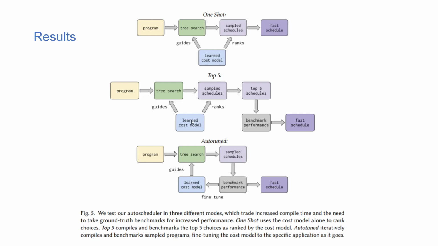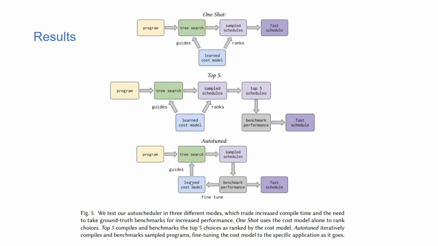So the second one is going to do the same as the previous one, but it's going to pick the top 5 schedules, and then benchmark them to get the real performance, which itself takes more time to execute, and then pick the fastest one.